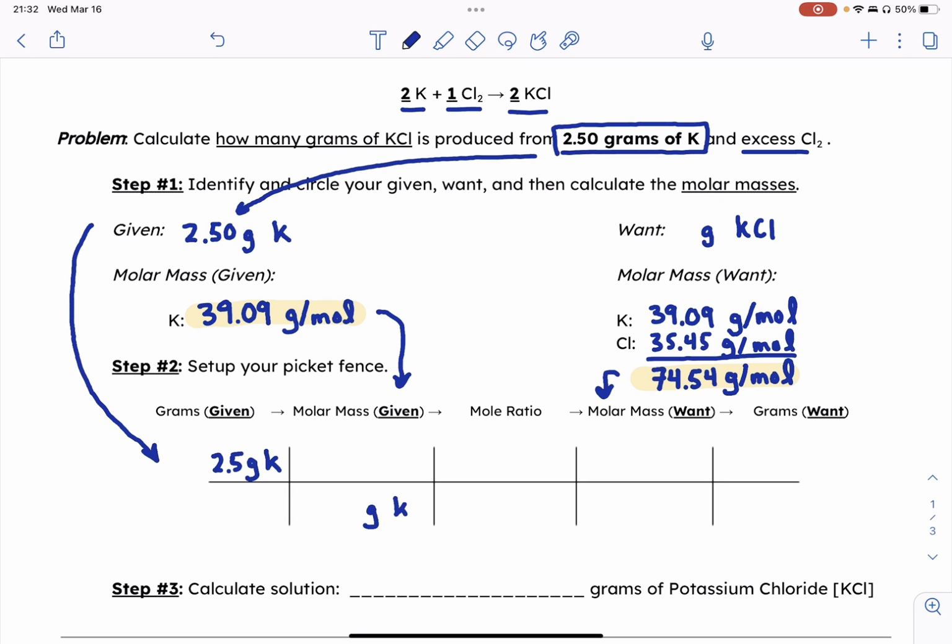And on the top, you're going to have moles of potassium. Now, how many grams per mole is it? Well, according to the molar mass that you guys just calculated, it's 39.09 grams per 1 mole.